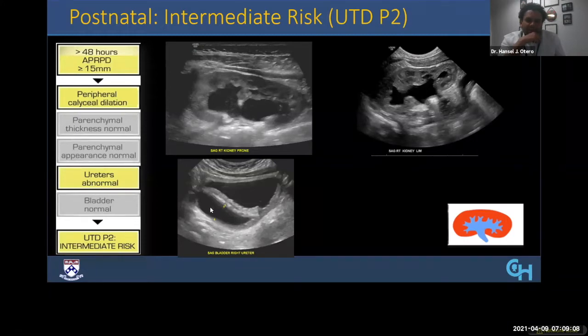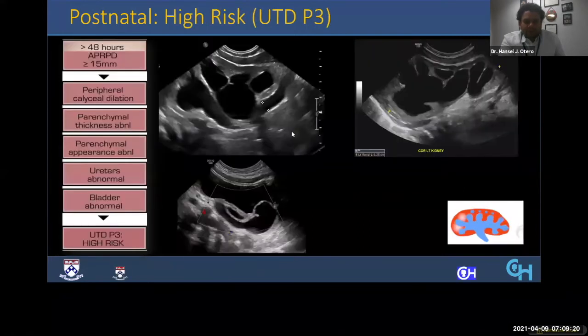And you might have dilatation of the ureters as well. So this is kind of the illustration there. For P3, you can have different appearances as well. If you have diffuse parenchymal thinning, it's already P3.